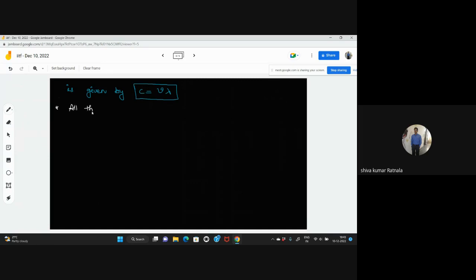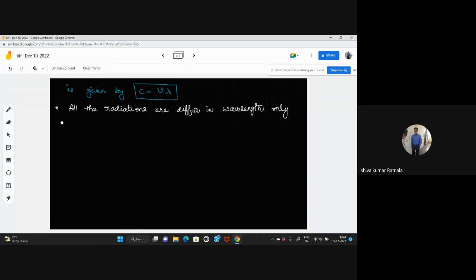All the electromagnetic radiations differ in wavelength only.